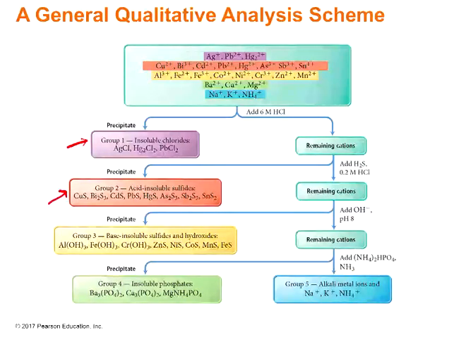Group 2 has acid insoluble sulfides. So these are sulfides that are insoluble in acidic solution. So copper sulfide, lead sulfide, mercury sulfide, etc. Group 3 is made up of base insoluble sulfides and hydroxides.